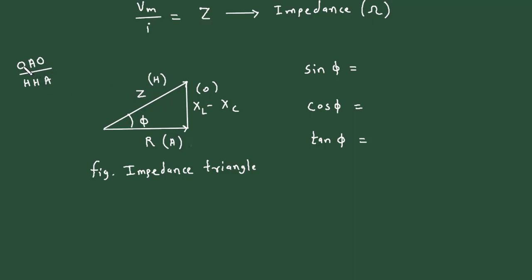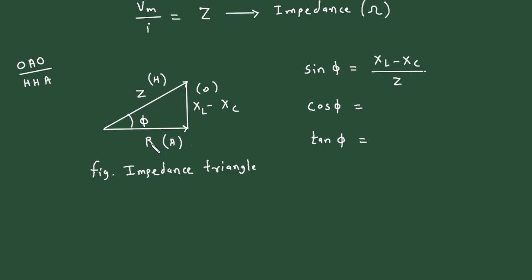That means opposite side divided by hypotenuse is for sine. Opposite side here is XL minus XC, divided by hypotenuse. Hypotenuse is Z.